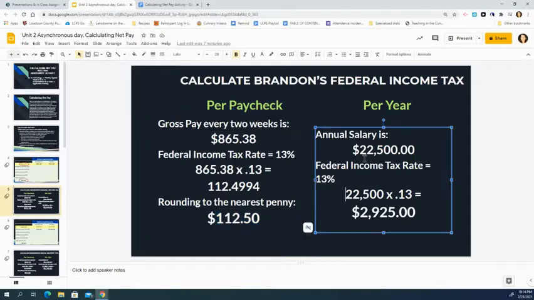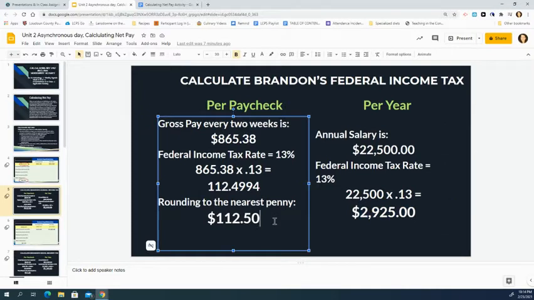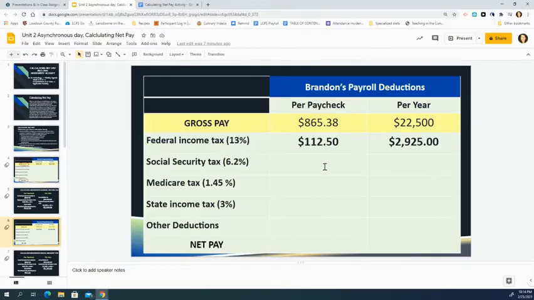If you do the same calculations with his annual salary, you get 22,500 times 0.13, which tells you that his federal income tax is $2,925. So what that means is every pay period he is paying $112.50 to the federal government. Throughout the whole year, that's $2,925 to the federal government. So that's how we got this line here.